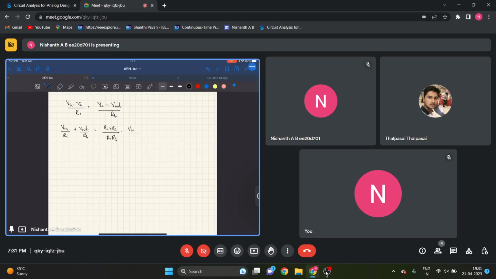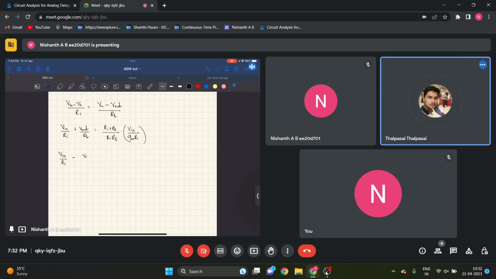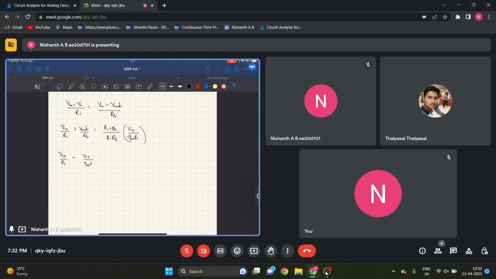Vin by Gm Ri, correct? So Vin by Ri minus Vin by Gm Ri into 1 by Ri parallel Rf equal to Vout by Rf.